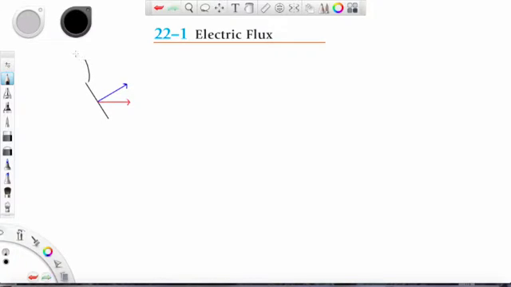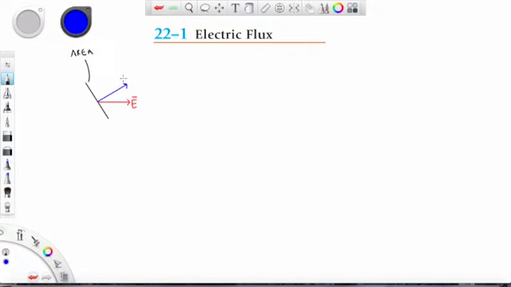In black, here we have some area viewed from the side, and the red arrow here is the electric field at this point. We also have another vector here.